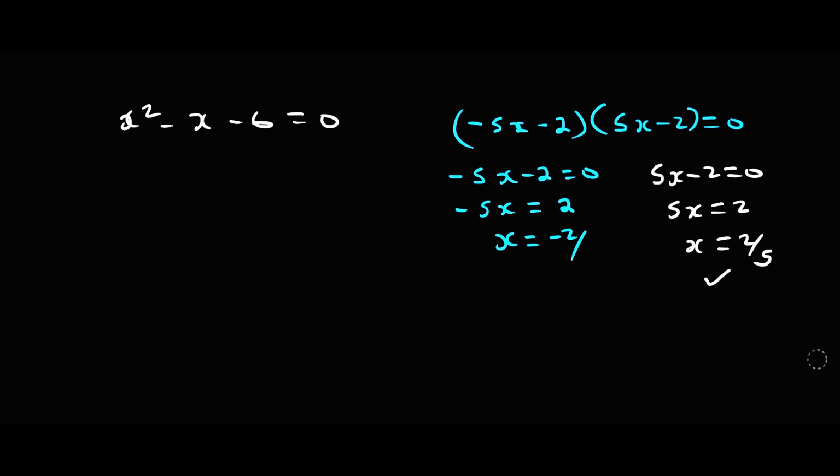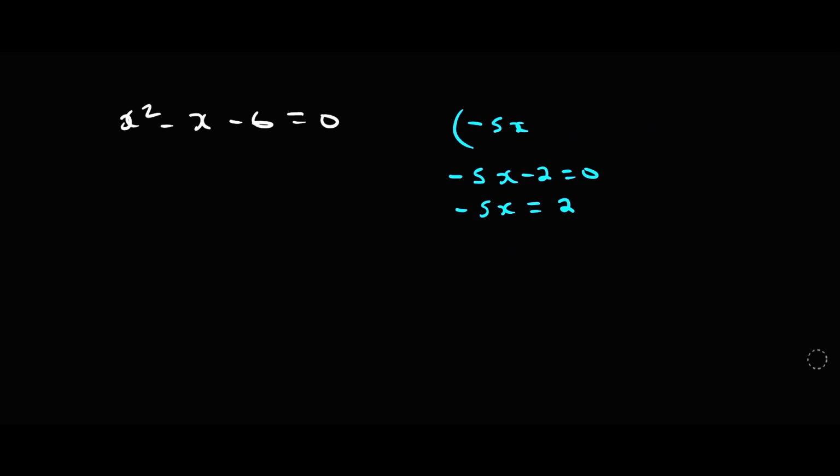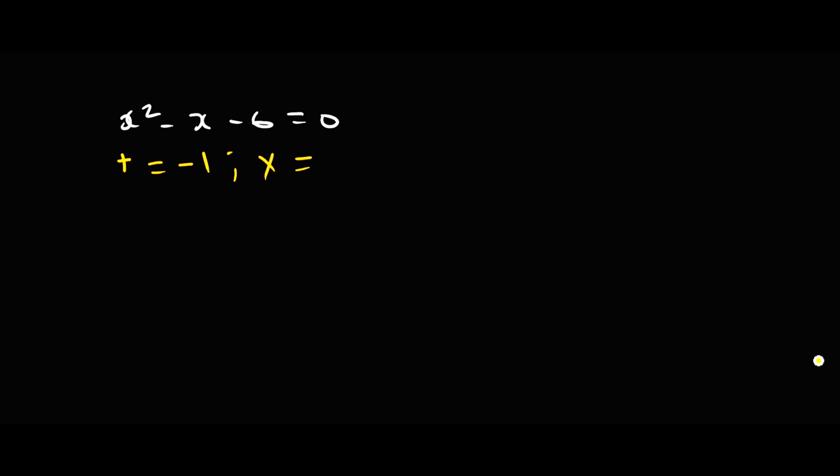Again, the first thing you need to do is to rewrite the equation in its standard form, if it is not already in its standard form. Our equation is already in its standard form. So all we need to do is look for the two numbers whose sum is the same as b, and b in this case is negative 1, and whose product is the same as a times c, that is 1 times negative 6, which is just negative 6.